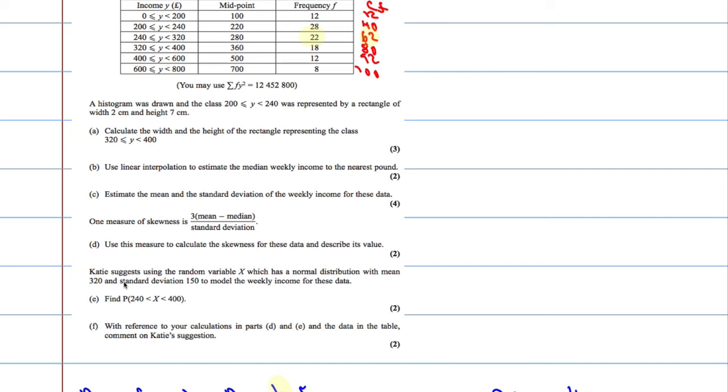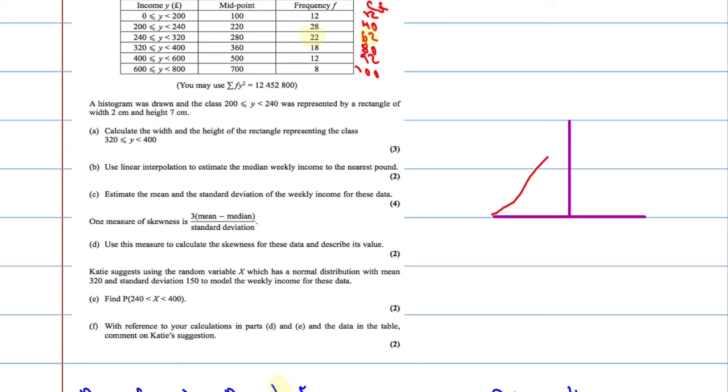Okay, Katie suggests using the random variable x, which has a normal distribution with mean of 320, standard deviation of 150, to model the weekly income for these data. Find the probability that it's between 240 and 400. Okay, so let's start by drawing a little sketch of what's going on. So I'm going to draw my axes like so.